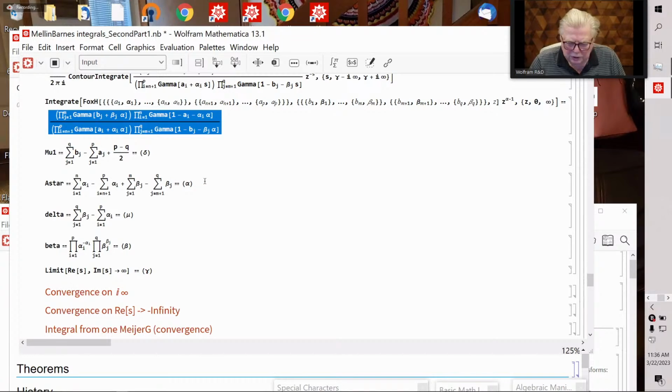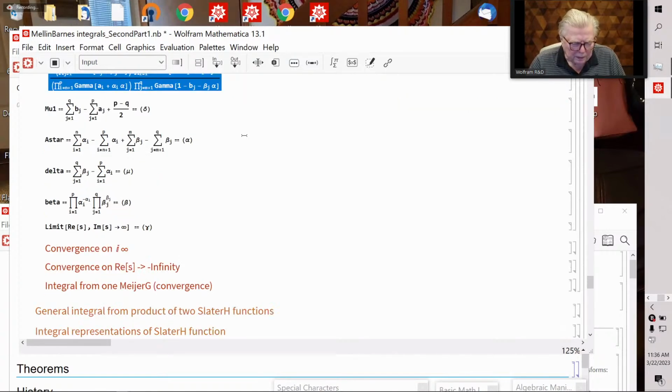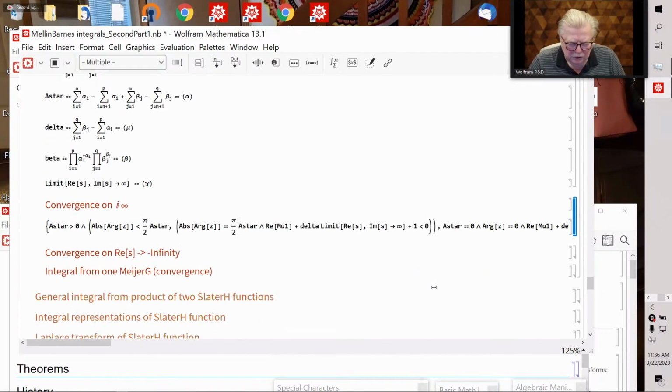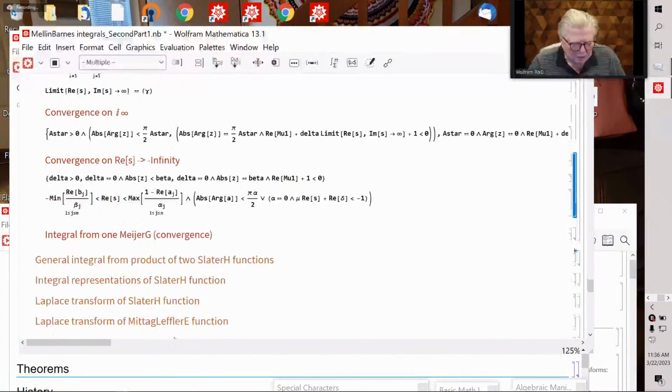Under corresponding conditions. I did not write these conditions here, but below they exist because, as I mentioned, I did not give a completely verified version of this material. And here you see constructions for conditions.